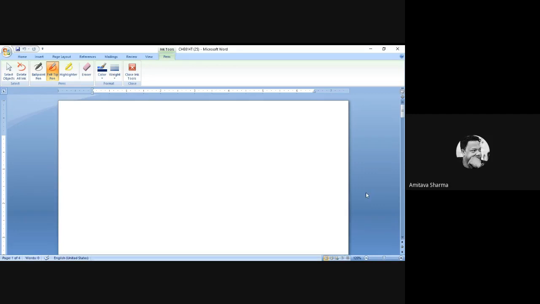This dependence can be expressed as an equation, and this equation is known as the Mark-Houwink equation. It explains the dependency of intrinsic viscosity on the average molar mass of the polymer.